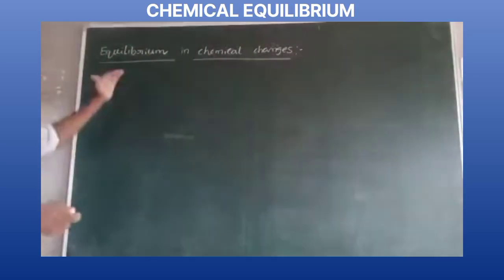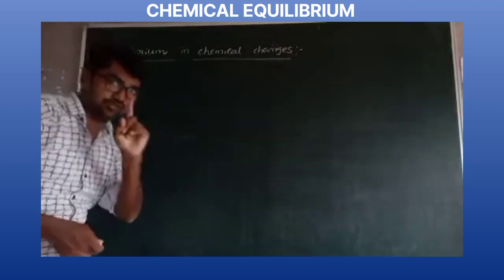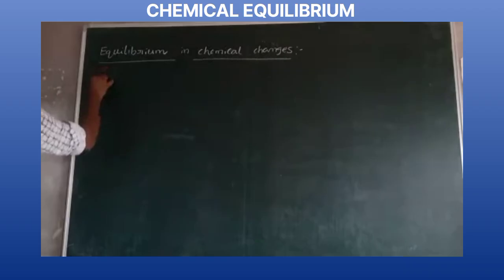Before going to the explanation of equilibrium in chemical changes, the first important one is irreversible reactions.